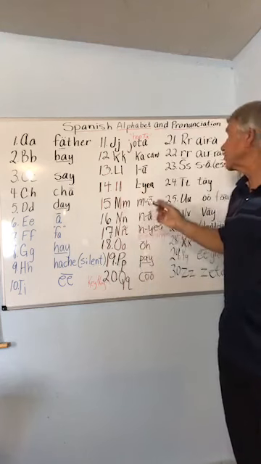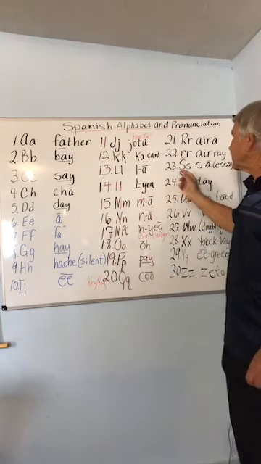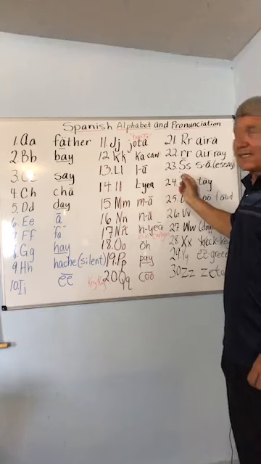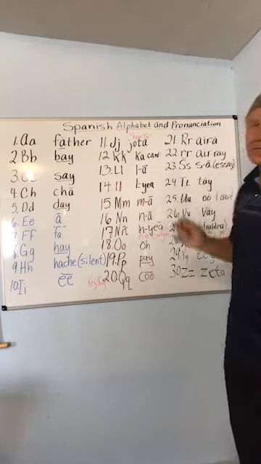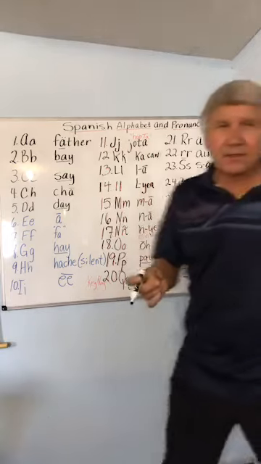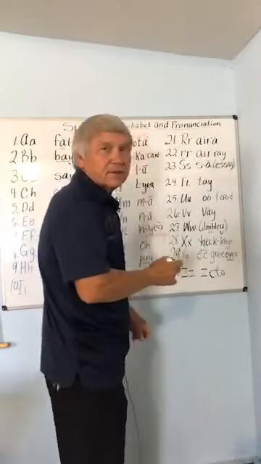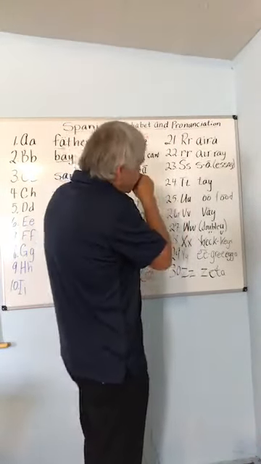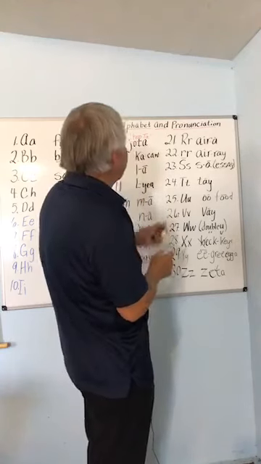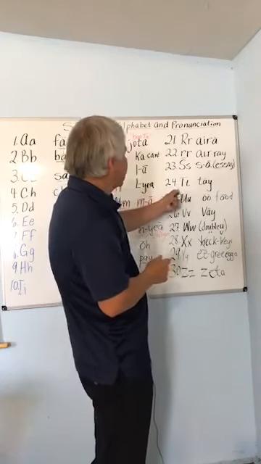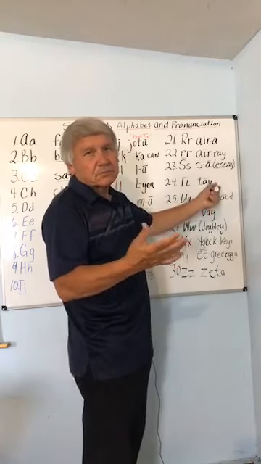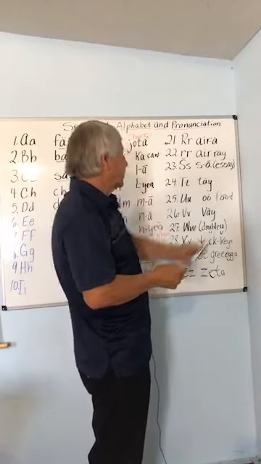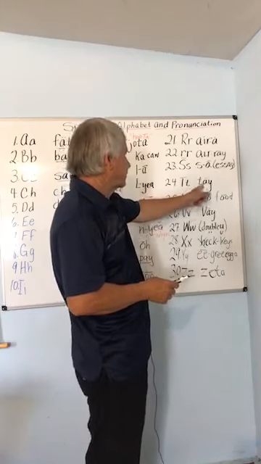Now let's go to 23, and hopefully you can still see me there. Stand here a little bit so you can see this. 23, essay. Okay. Just think of the word essay. I'll get back over here so you can see a little better. Okay. 24 is te. I don't think it's a word, but that's how it's pronounced.